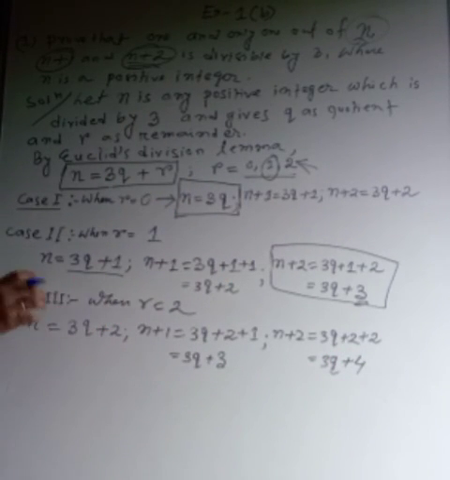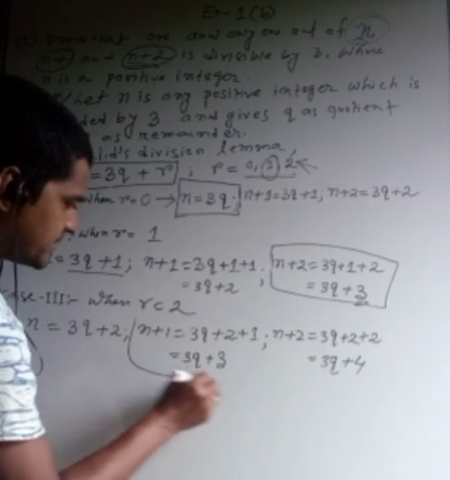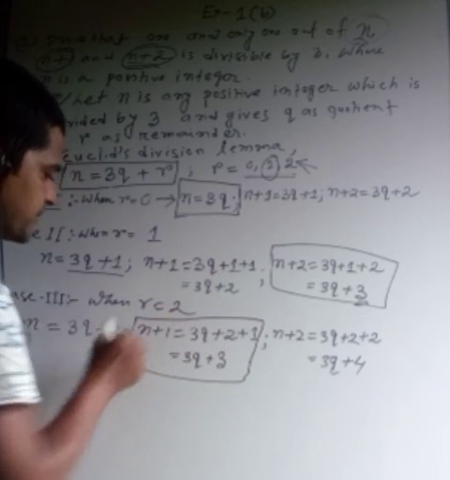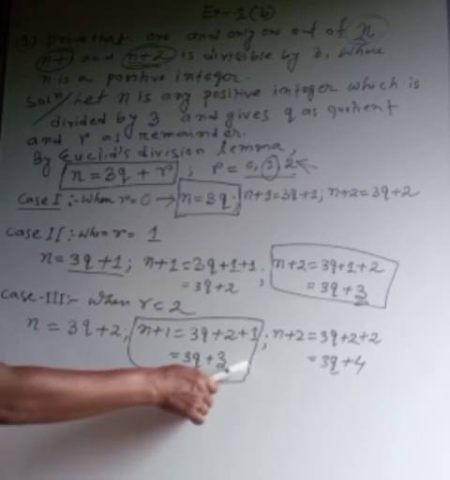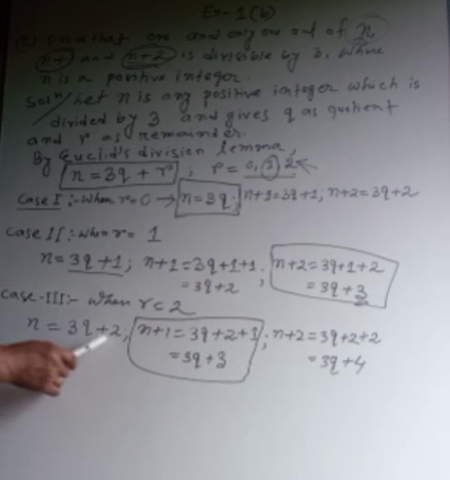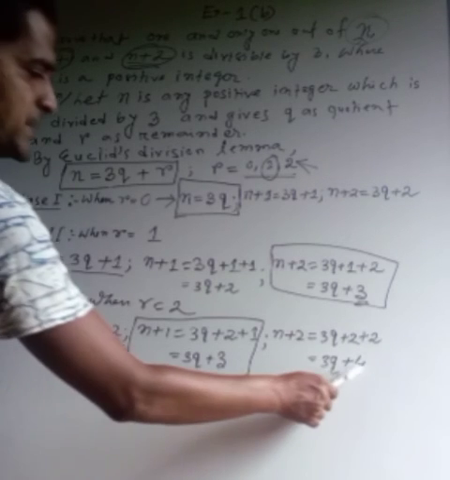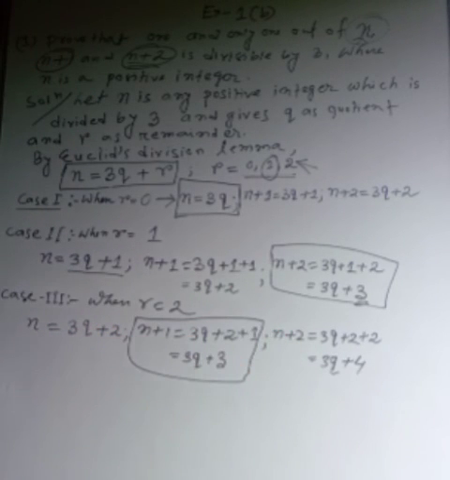So in this third case we can see that only this part is the important part: 3q plus 3. We can take 3 as common and divide by 3. There is plus 2, so we cannot divide by 3. There is plus 4, we cannot divide by 3.